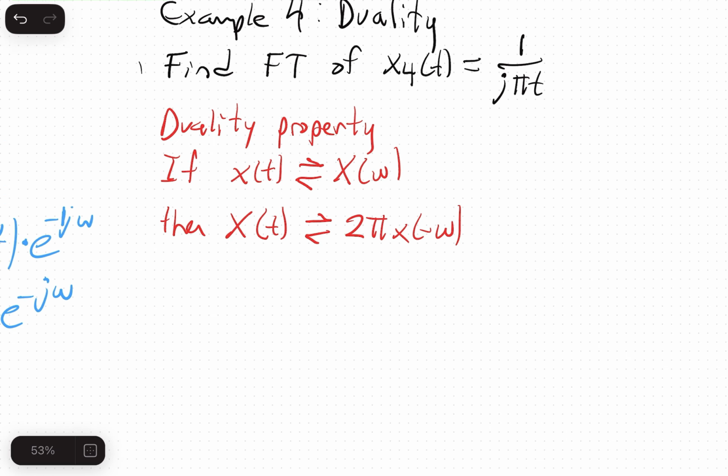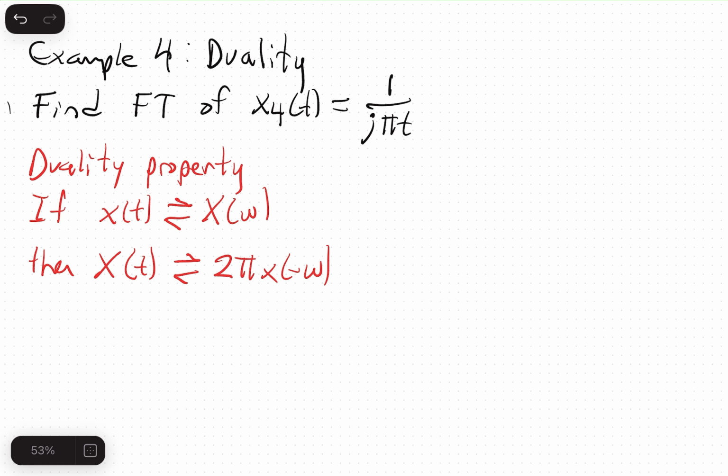So the next example I want to work is what we call duality. Duality is a property that is not in the book, but is extremely useful. The property states, and I want you to look at this from this perspective: if we have a pair where we have a function lowercase x of t, its pair is going to be capital X of omega. But here's what the duality property says.